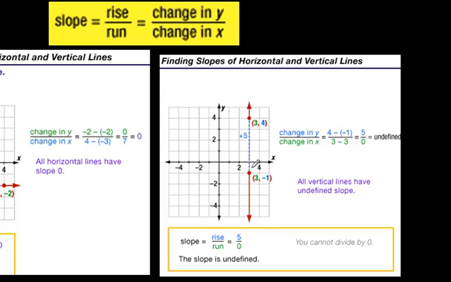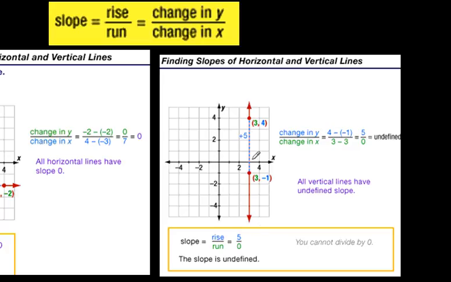So the change in x is 0, and if you think about that, that's 5 over 0, and you can't divide by 0. This is undefined.